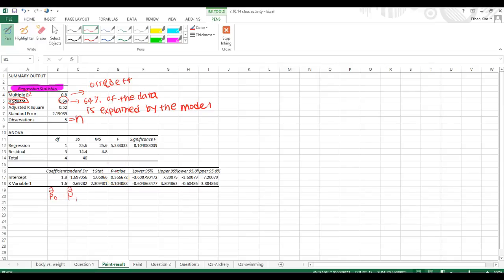So it's asking, is it really okay to use these numbers, slope and intercept, to estimate and make a prediction? It's showing the coefficient, the standard error, and so forth. We're going to talk about this later on, but don't worry about this for now because we are not concerned with this just yet. So just look at multiple R and R squared, and these are the most important things that we need to be aware of. All right, so that's that.